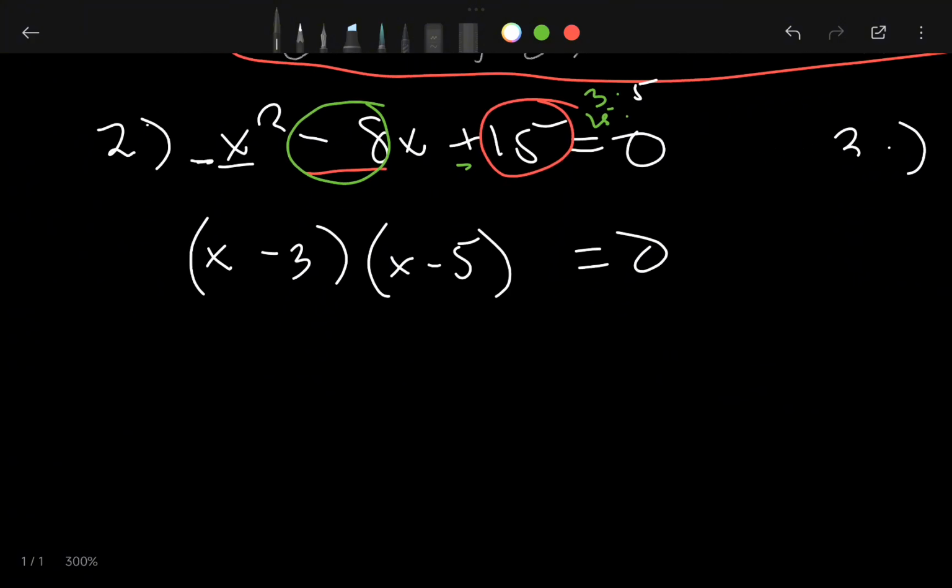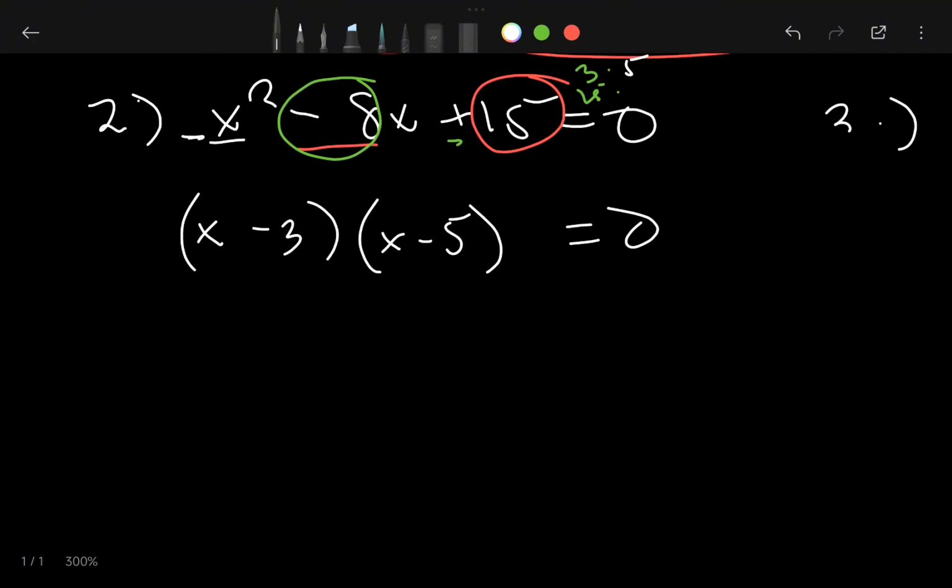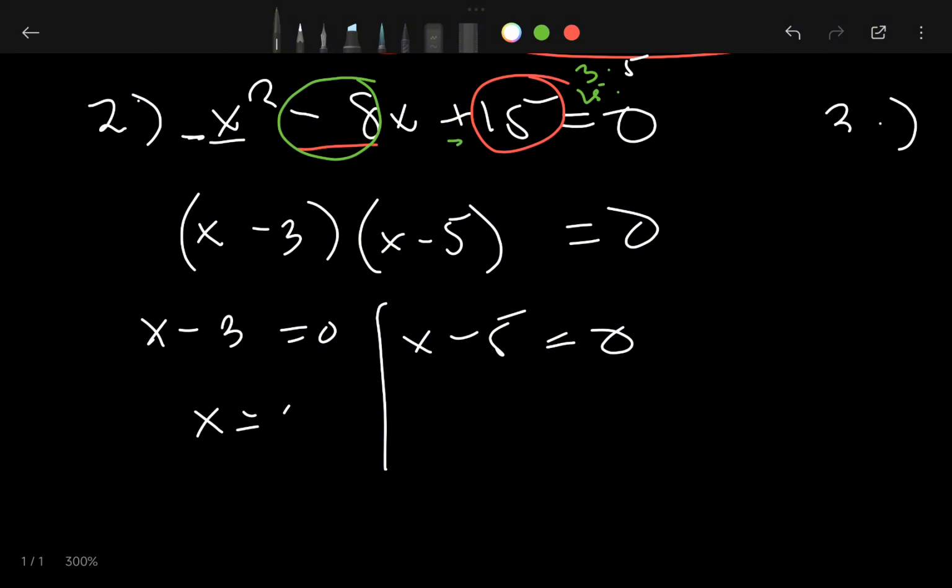Since it's already in a factored form, you just need to equate both factors to 0. x minus 3 is equal to 0 and x minus 5 is equal to 0. Then solve for x. x is equal to 3, then x is equal to 5. That's your final answer.